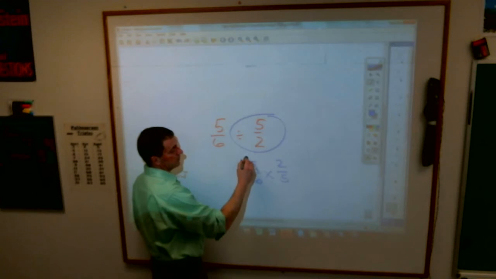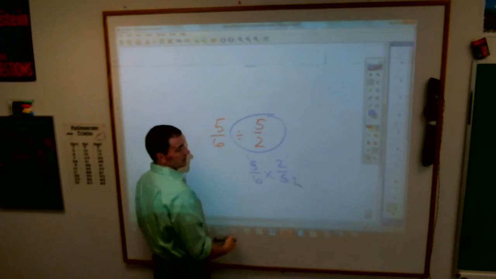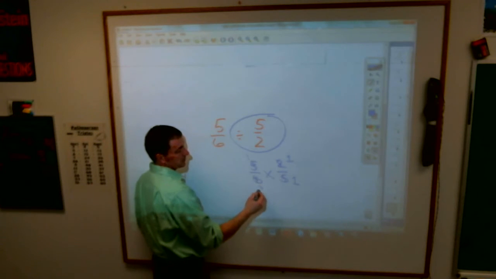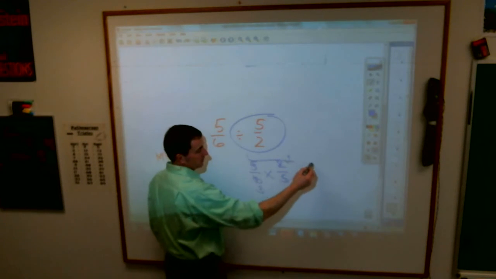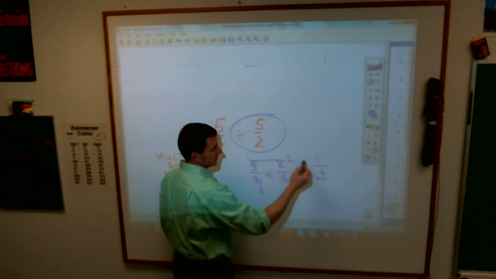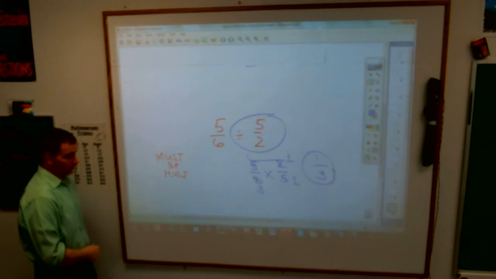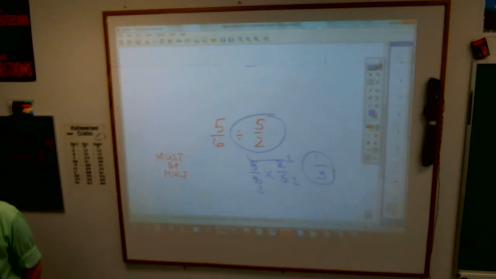Well, the 2 5s become 1 because they go into each other. And the 2 and the 6, 2 goes into 2 once, 2 goes into 6 3 times. You end up with 1/3. 1 times 1 is 1, and 3 times 1 is 3. So yes, you can cross cancel with division, but you can't do it until you make it a multiplication problem.